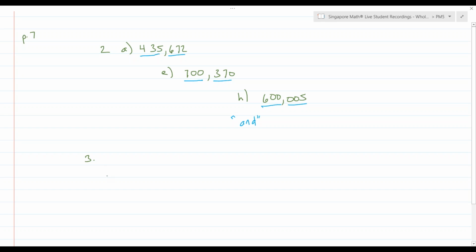Number 3 is a little bit more complicated, just because we have to think about the numbers. 3A says to write the following in figures: 401,062. It's necessary to figure out what values are not there.